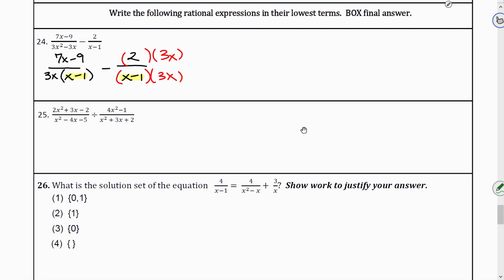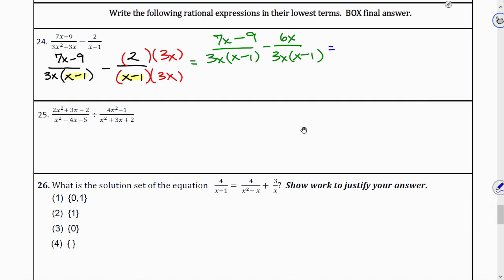So rewriting this, I have 7x minus 9 over 3x times x minus 1. And I have minus 2 times 3x is 6x over 3x times x minus 1. Okay, so now I'm going to combine it all into one big fraction.